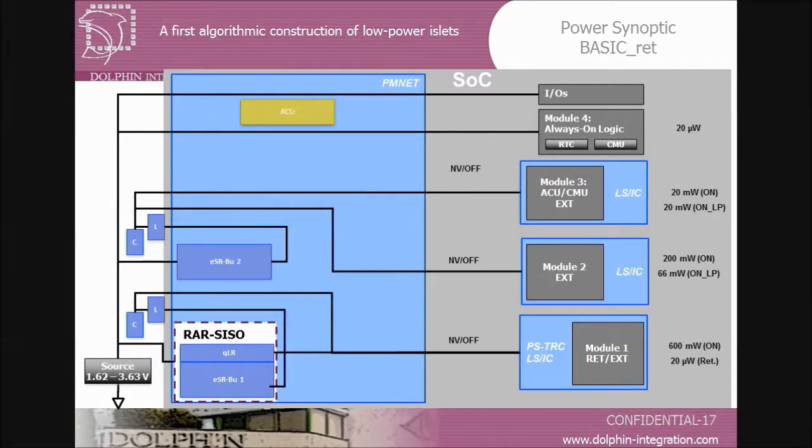In the other power synoptic power management network we introduce, we don't have any more external PMIC, but we introduce switching regulators for modules 2 and 3 and our specific regulator package for module 1, because it will be in retention mode afterwards.